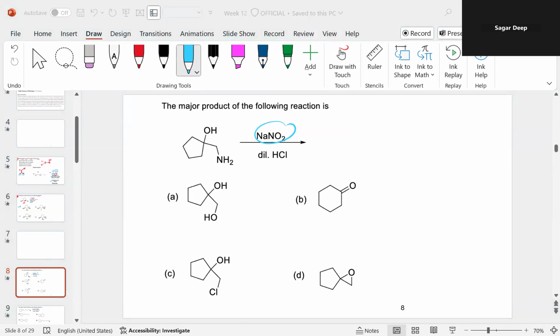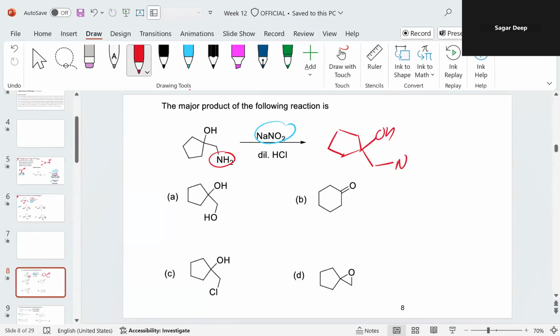We'll go step by step in this case. In the presence of NaNO2, the NH2 group converts into the N2 group, and then into the OH.